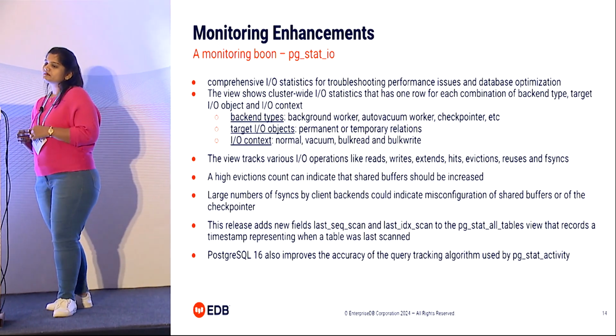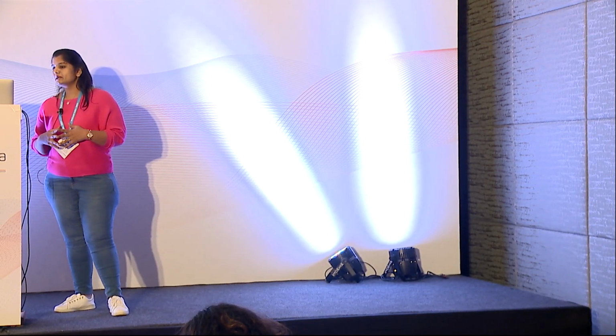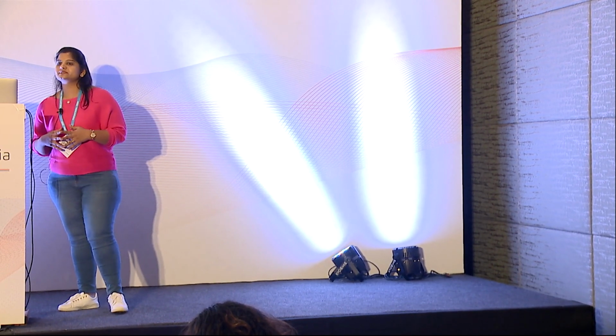When you query the pg_stat_io view, you get a number of rows where each row will have a combination of backend type, target IO object, and IO context.